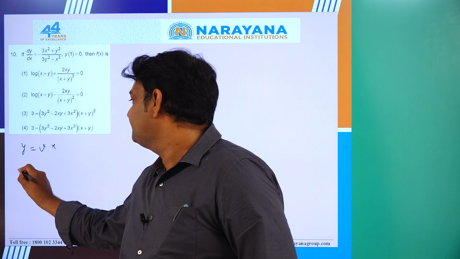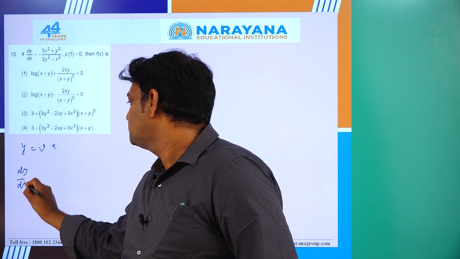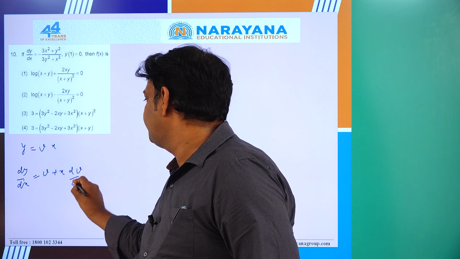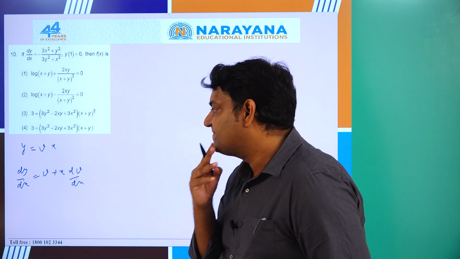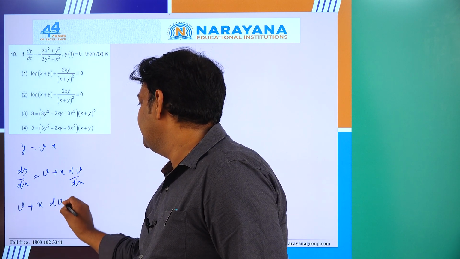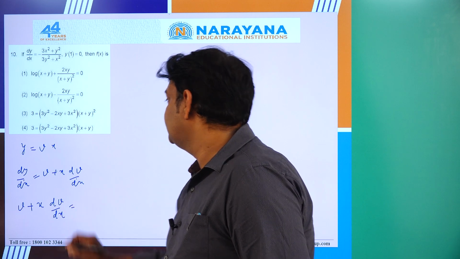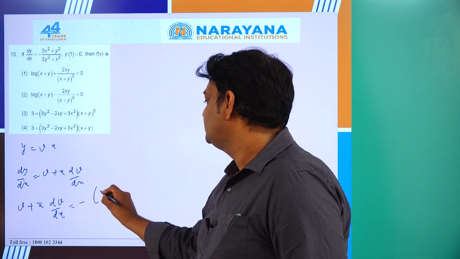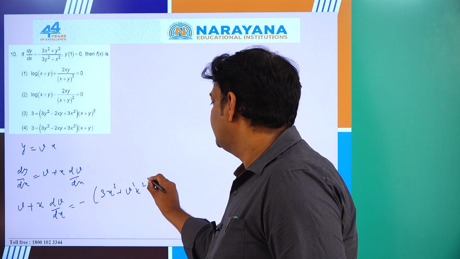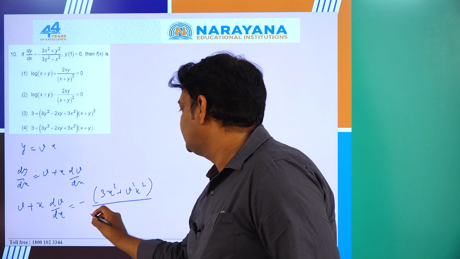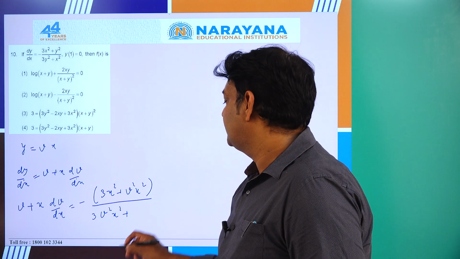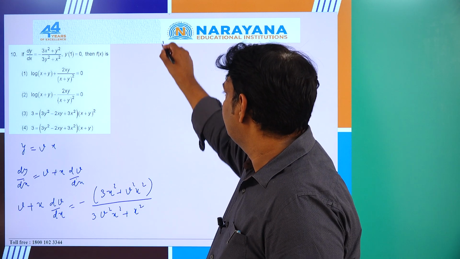So what is dy by dx? V plus x dv by dx. Do the substitution. Dy by dx, v plus x dv by dx, is equal to minus of 3x square plus y, which is Vx, so v square x square, by 3 into y, which is Vx. So v square x square plus; x square is common and cancels.